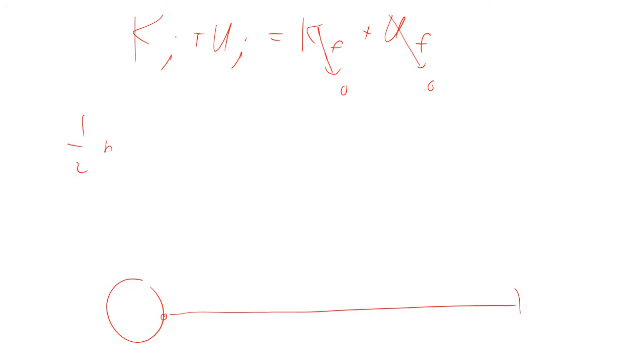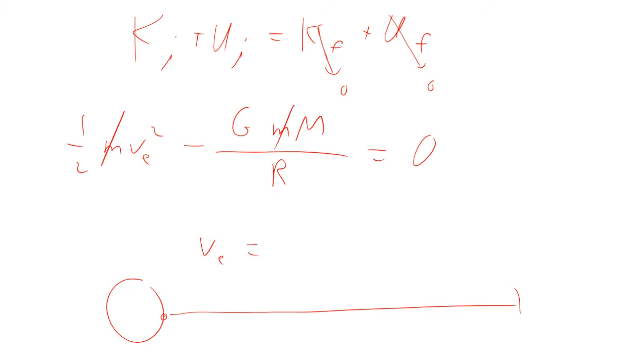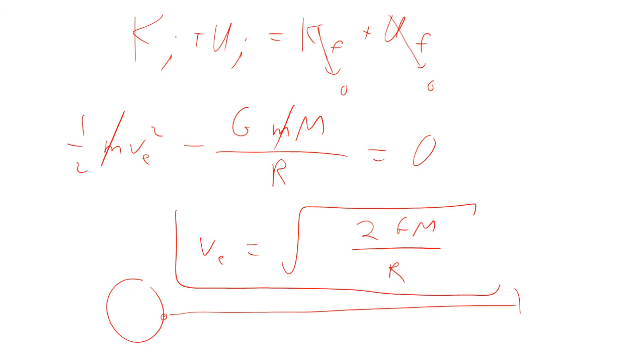So we have 1/2 mv squared, this is our escape velocity, because this is the magic velocity right here, minus GMm over r equals 0. Those little m's cancel, and so we find the escape velocity is going to be the square root of 2GM over r.